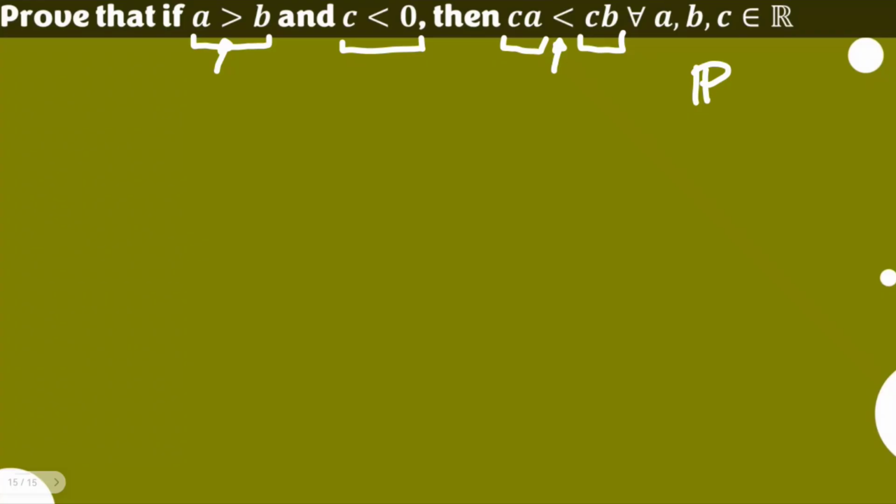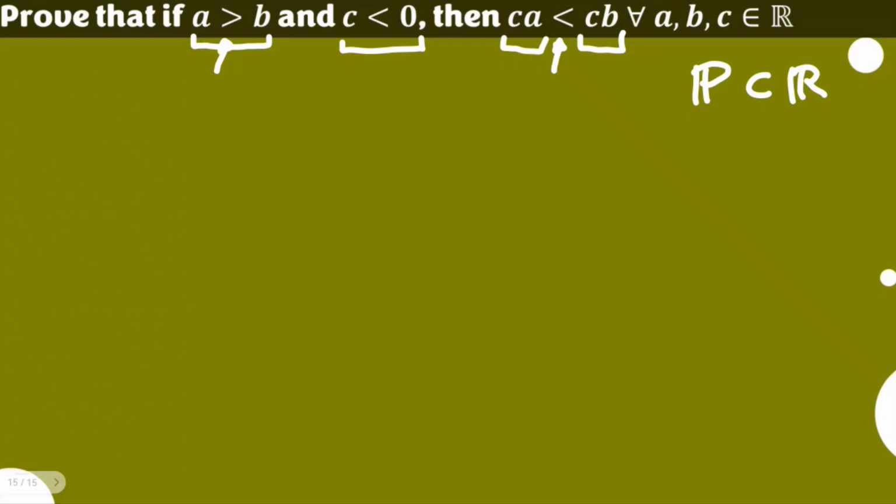This is known as the set of positive real numbers. This is a subset of the real numbers because set P only includes those numbers greater than 0, which also involves positive integers, positive fractions, positive irrational numbers, as long as they're all positive.